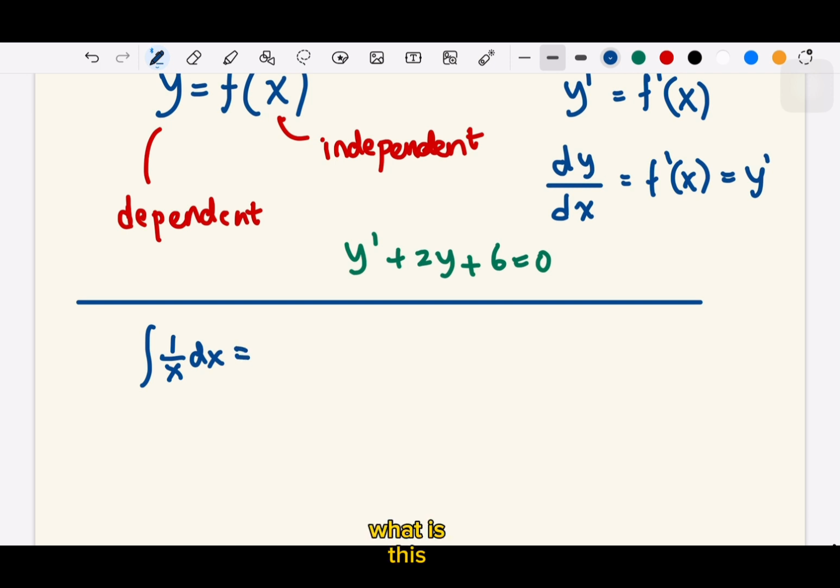What is this? Okay, 1 over x integral? ln. Yeah, ln. And then?